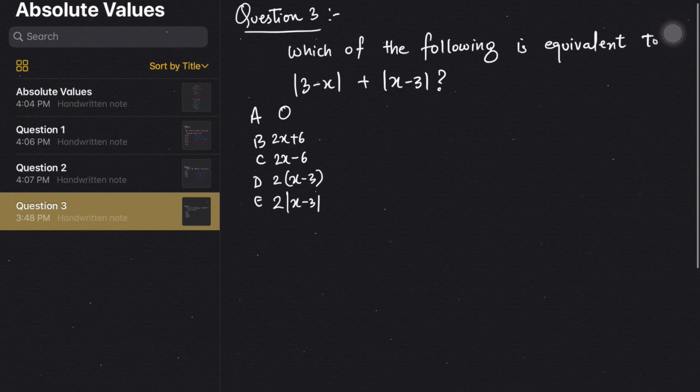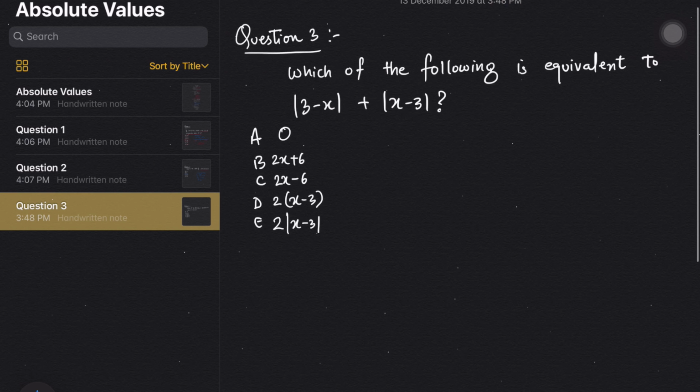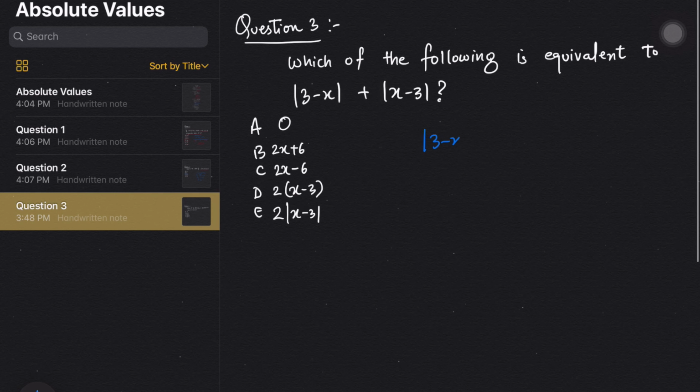The last question that we'll do for today is this one. It's already on blue. Now, which of the following is equivalent to the absolute value of 3 minus x plus the absolute value of x minus 3?